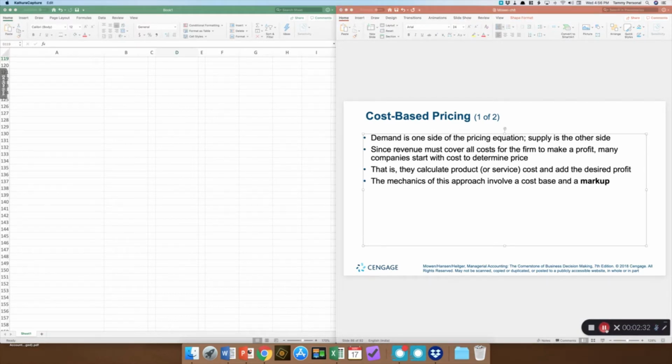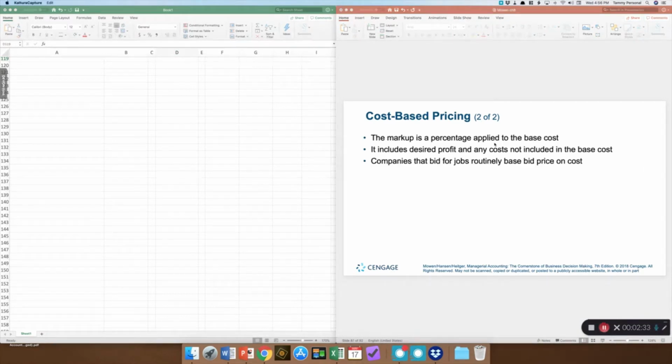So you mark up the base cost, you put your desired profit in there, and you also look at any costs that are not in the base cost of the product or service. Companies that go out and bid for jobs usually do it this way. They look at all the costs, and then they bid at cost plus a desired profit.